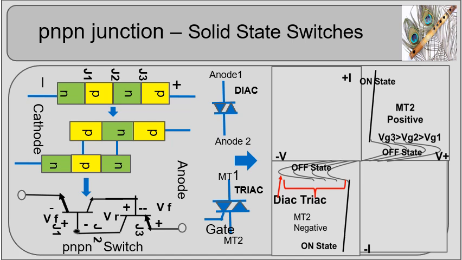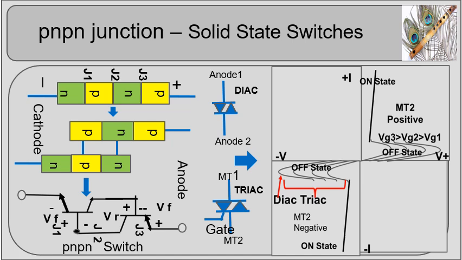A PNPN 4-layer, 3-junction device acts as a solid-state switch. Different layer pins brought out of the structure create devices like diac, SCR, PUT and triac. A diac biased in first quadrant operation forward biases the first and third junctions and reverse biases the second. Increased bias breaks the second junction into primary breakdown and undergoes energy dissipation.